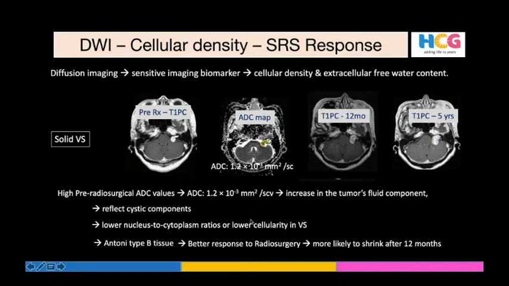In all patients, we should run diffusion sequences, because whenever you find ADC values beyond this, there is an increase in the tumor fluid component, because the diffusion decreases, and therefore you will have more cystic components, a lower nucleus to cytoplasm ratio, and typically Antoni B tissue situated right in there, and that is something which will have a better response to radiosurgery.